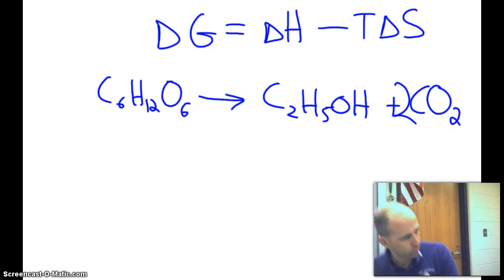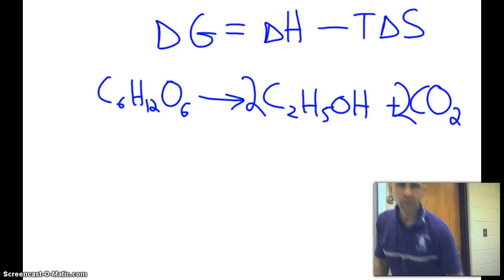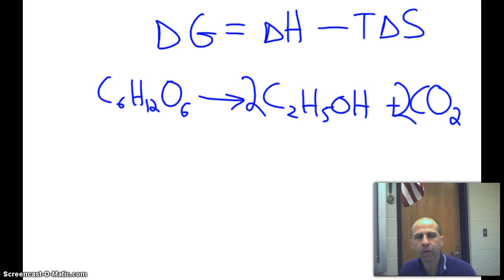Actually, it's 2 of each of these products. I should have thought of that. We need to have 6 total carbons there. So anyway, there are some numbers given for simply delta H and delta S at different temperatures, and we're just asked to find delta G. So it's a pretty simple mathematical thing.